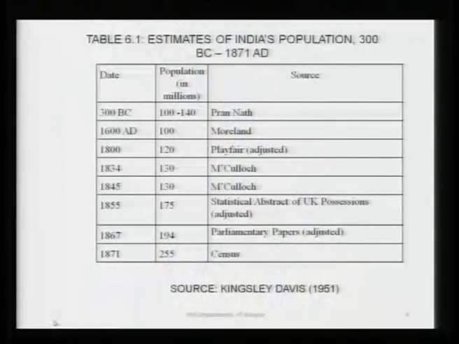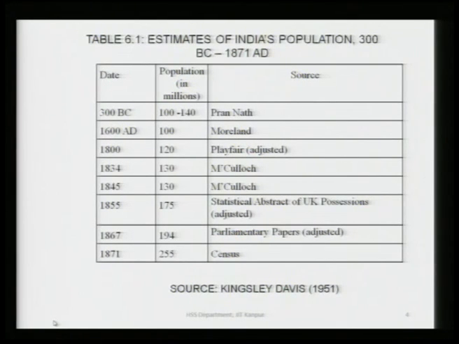And Kingsley Davis has given the following estimates of India's population for the past. 300 BC, 300 before Christ. Some demographer estimated that India's population must have been between 100 and 140 million. Then in 1600 AD, more recent time, Moreland estimated that India's population must have been around 100 million.